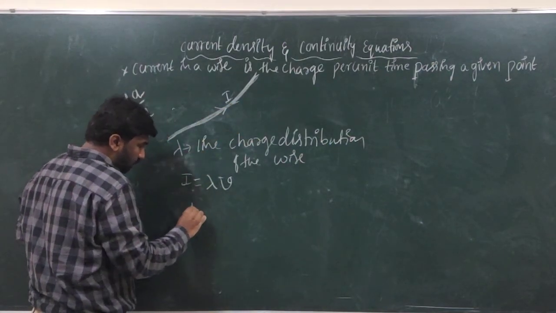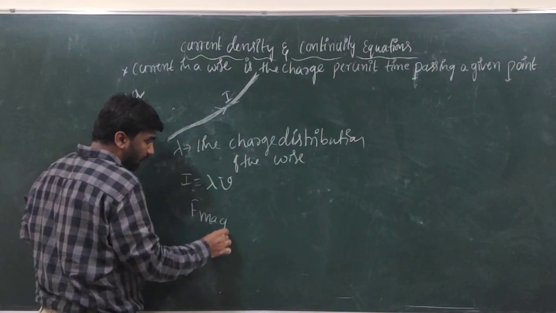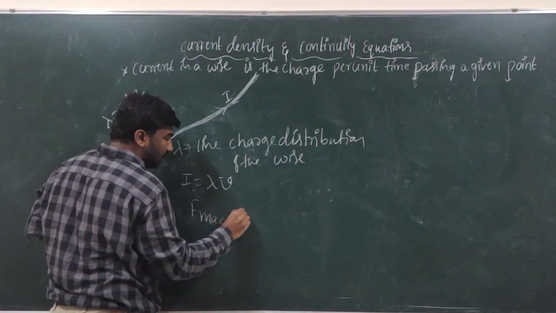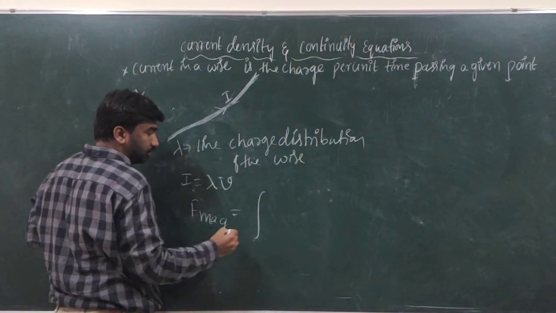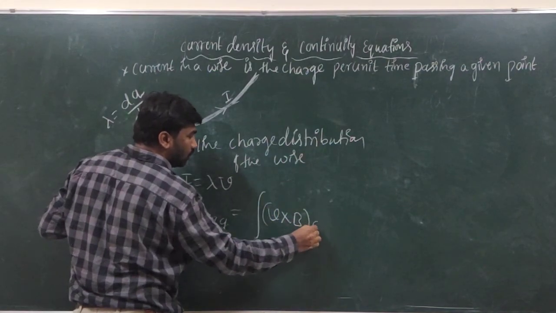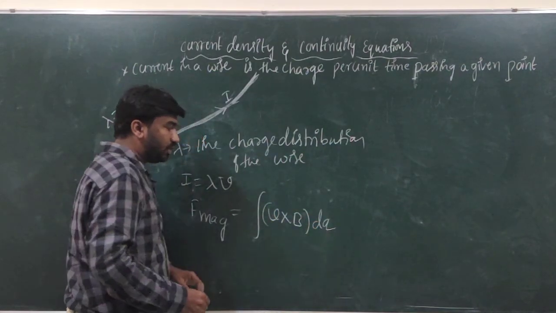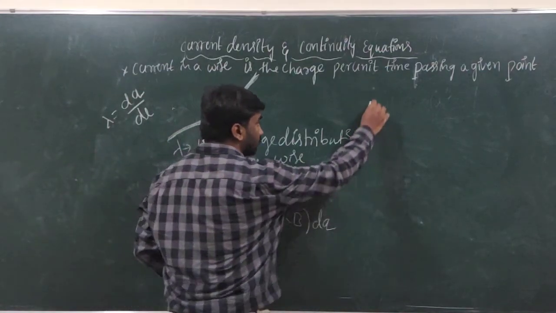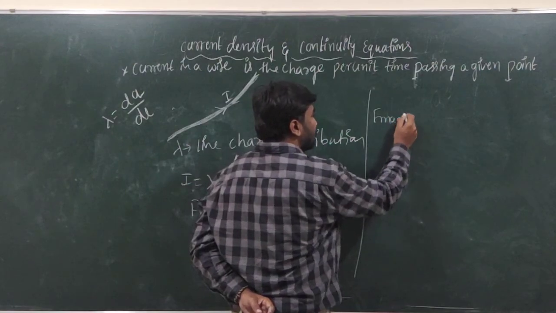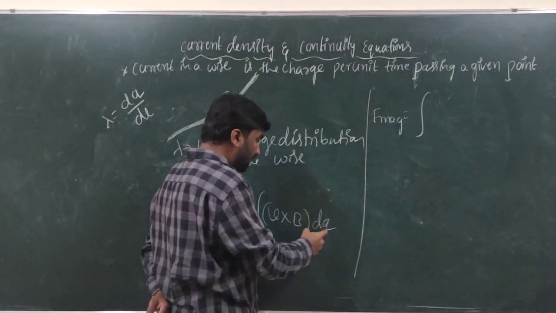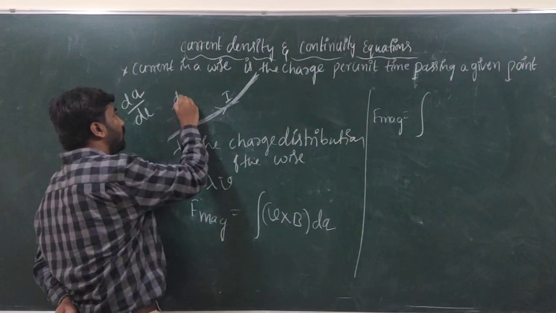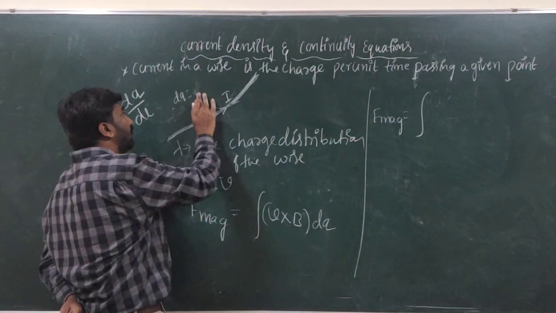Therefore the magnetic force on this moving current wire is the integration of V cross B into dq. So F magnetic is the integration of V cross B into dq, where dq is equal to lambda into dl.